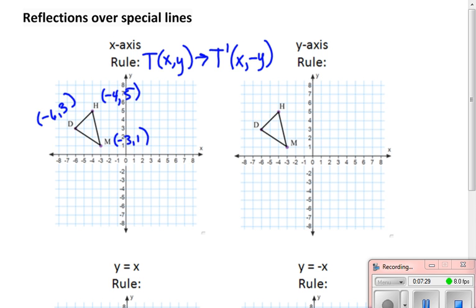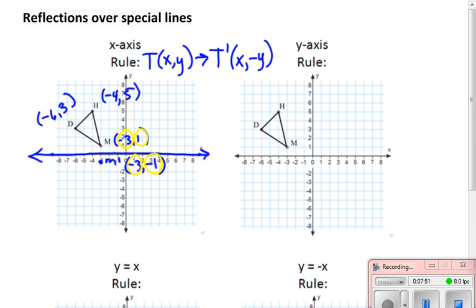Now I could use the reflecting line rule like we did. Here's my reflecting line. If M is here 1 unit away, that means M prime is right there. What is that going to be? -3, -1. So you can see that I have the exact same x coordinate and the opposite sign.